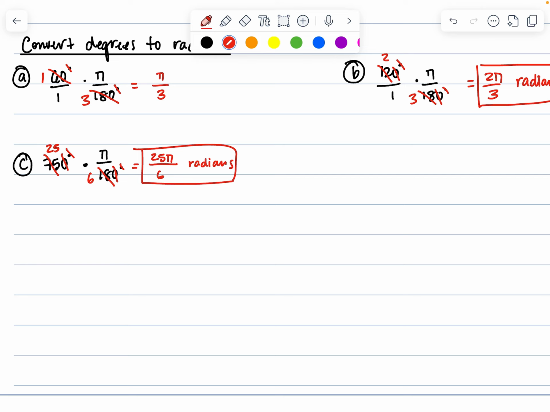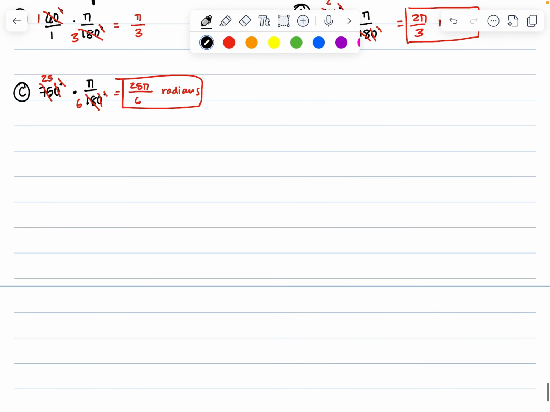All right. The other thing we need to talk about is coterminal angles. So coterminal angles. Okay, so we've talked about t values that land in the same position.